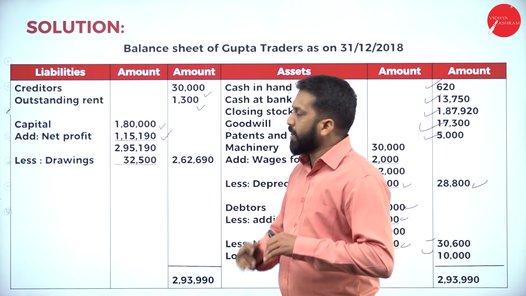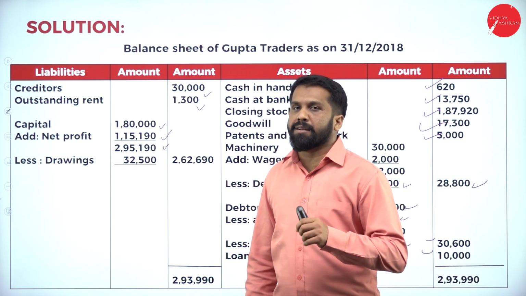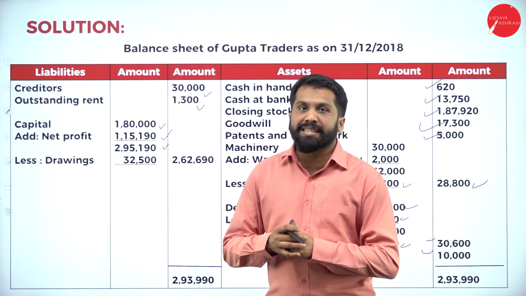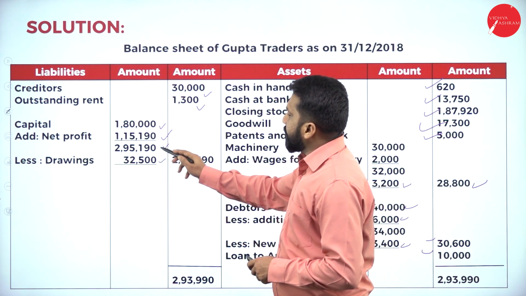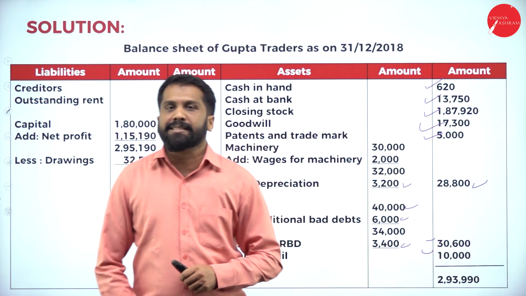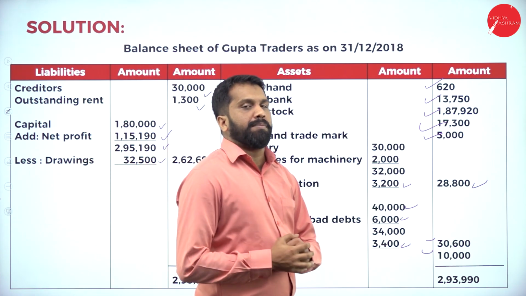If you add, you will get 2,95,190. Now, whatever drawings we have, we are supposed to deduct. Now, drawings 32,500. Your final answer 2,62,690.